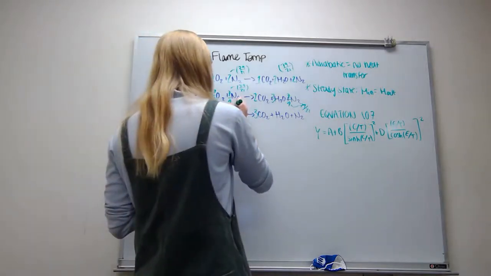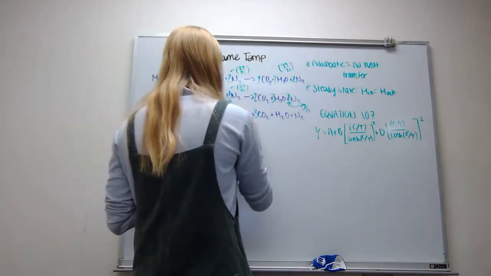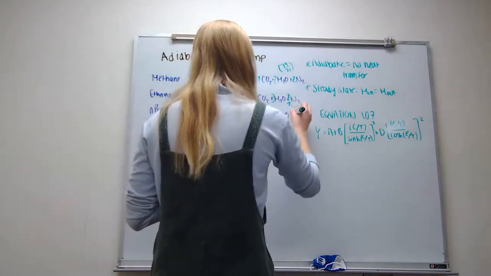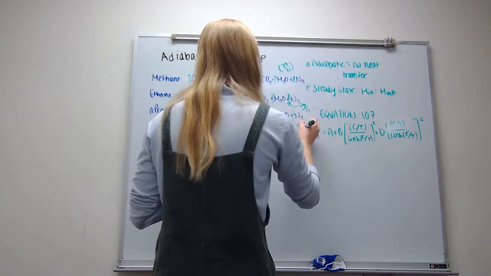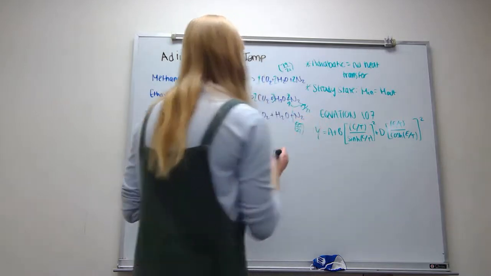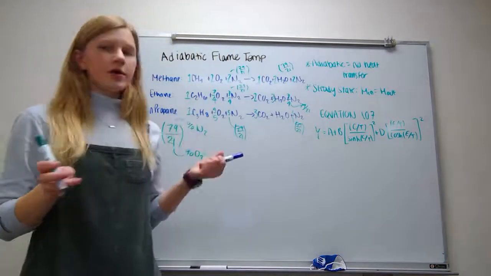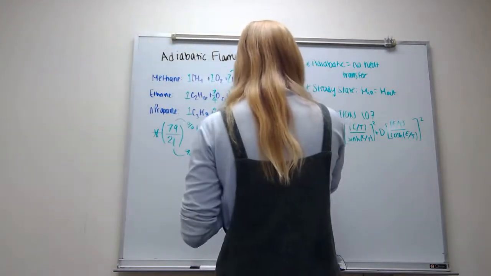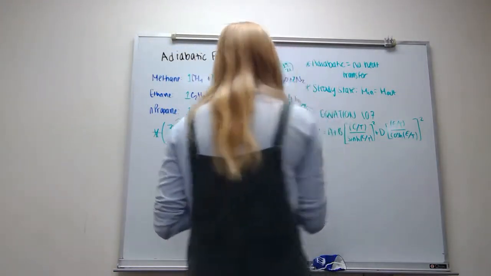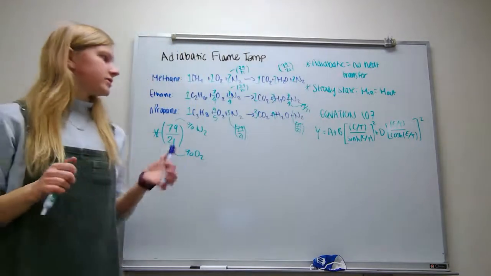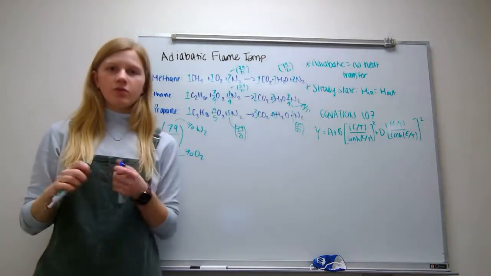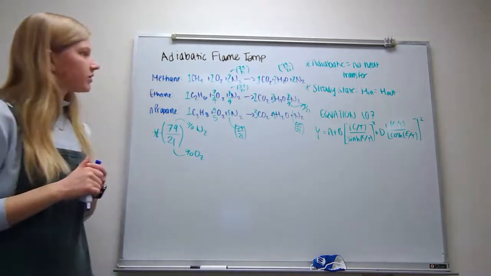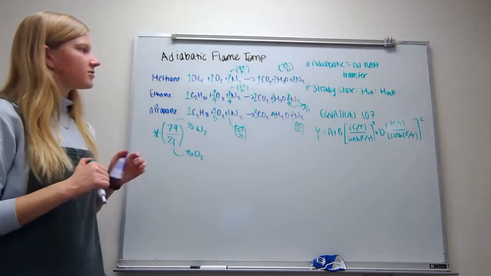We're just going to have 5 to make 10, 79 over 21 times 5. And then for our water, we need to have 4 to balance with the 8 over here. Okay, so we have 1, 5, 3, 4, 5. All right, so now all of our equations are balanced, even though it looks a little messy.